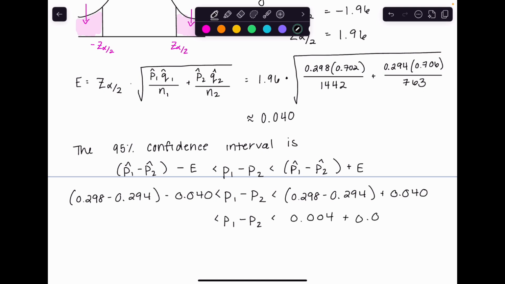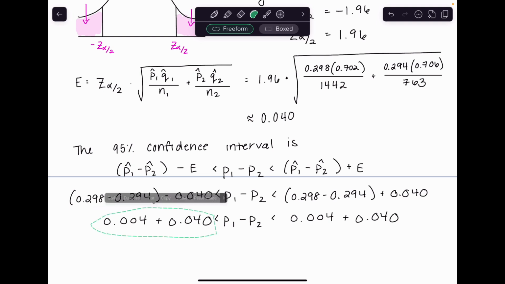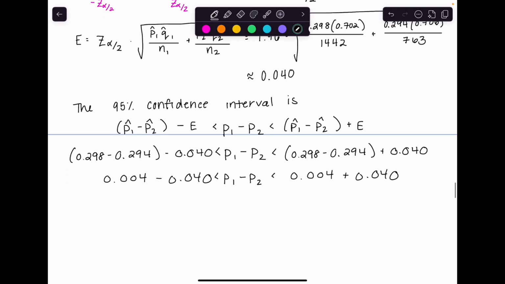So we're going to add 0.04 and we are going to subtract 0.04. So when I subtract them, that gives me negative 0.036. And then if I add them, that gives me 0.044. So that tells me the true difference in these two falls somewhere between these two particular values.